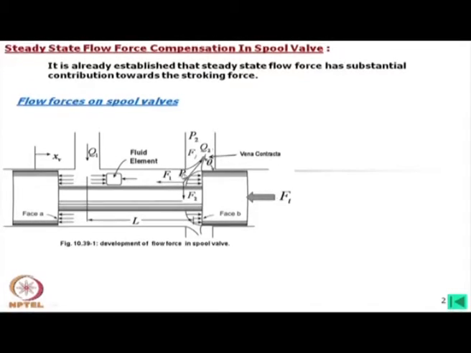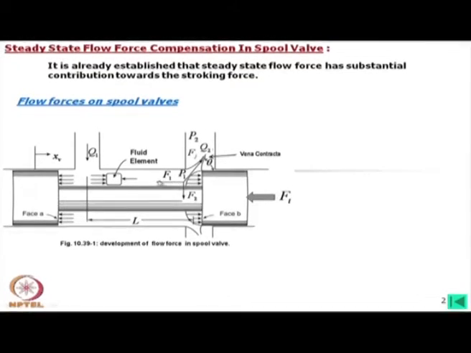But if we consider this jet, then definitely there is a force, because this oil is moving in this direction. If we follow Newton's laws, then there will be a force, and that force, if we resolve, will have one component in the lateral direction and another in the axial direction of this spool. Now, this force is called flow force.